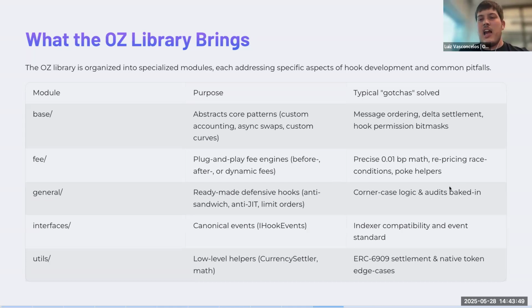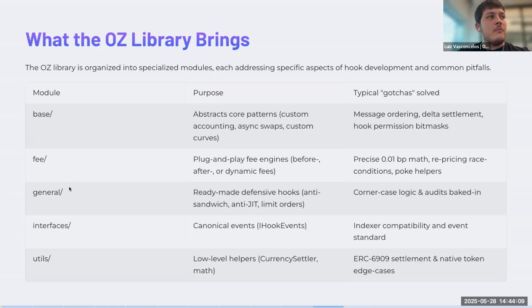And basically the idea here is to help with race conditions and poke helpers as well. Both the base module and the fee module are already released in the first release we made.